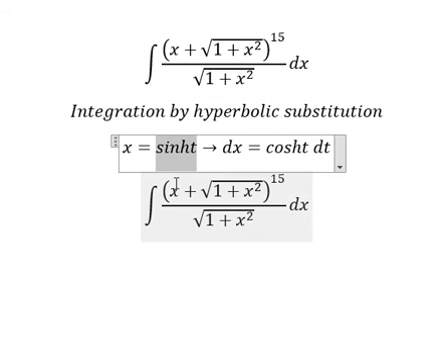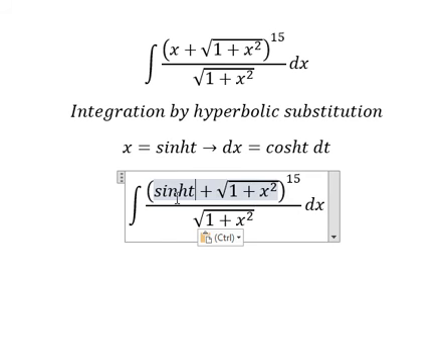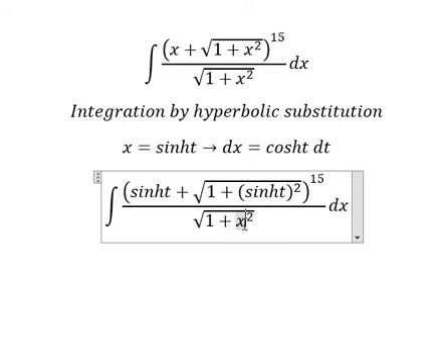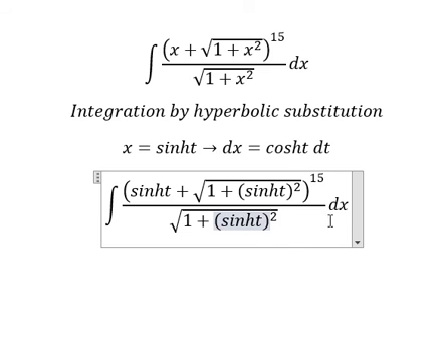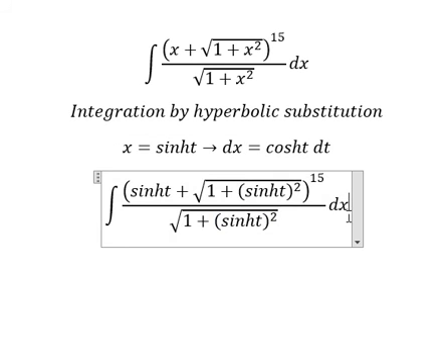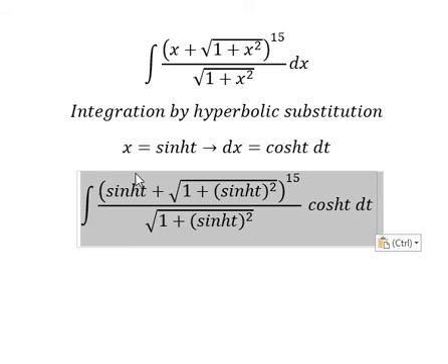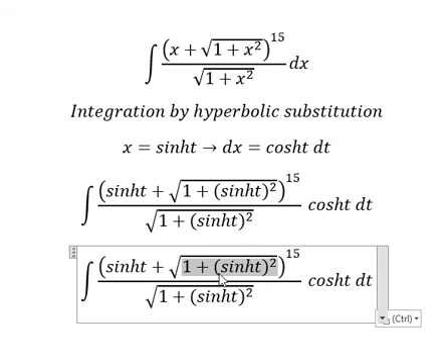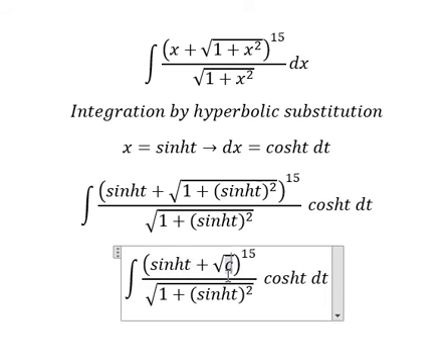So this one is about this one. dx is about this one. So this one is about cos squared t.